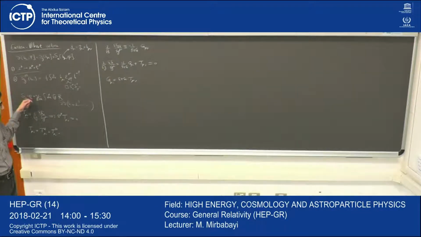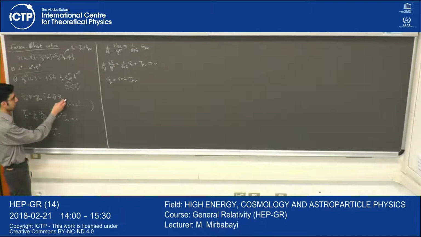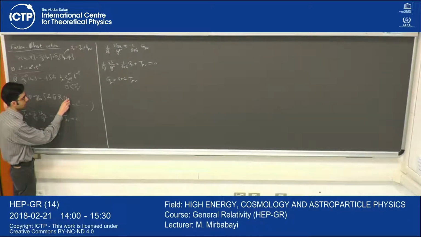I haven't even said what R is, but it's not unknown. It is known. It's some linear function made of the metric and its derivatives. I can write it here, but I don't think it's very illuminating. But yes, this is a function of the metric and its derivative.